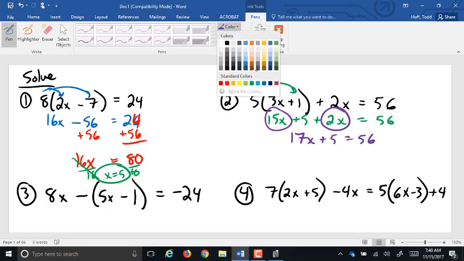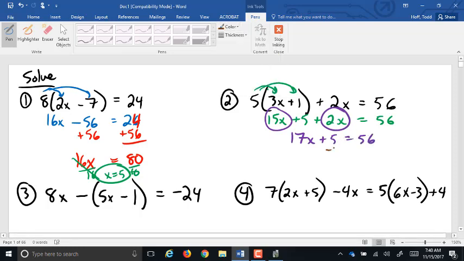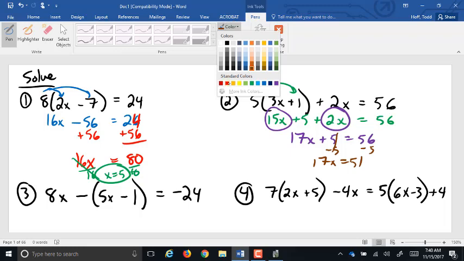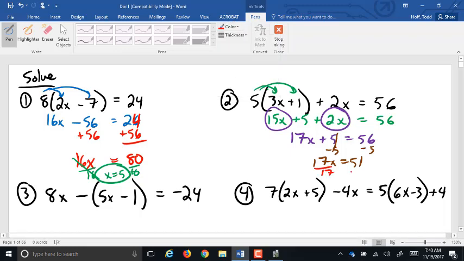And then subtract 5. 17x equals 51. Divide by 17. X equals 3. Questions so far?